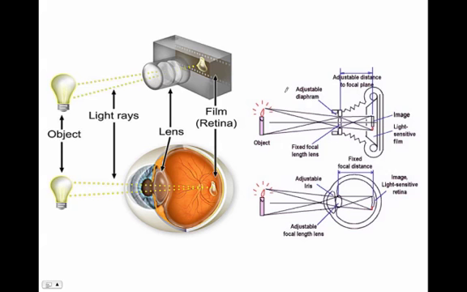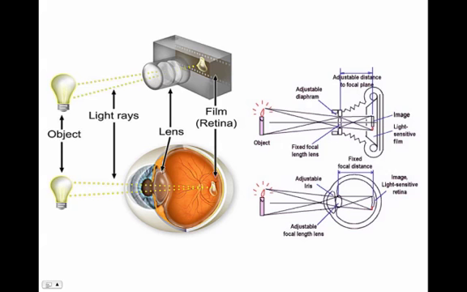As I said earlier, our eye is very similar to how a camera works. Here are the similar parts. A camera at the back has photosensitive film, and the equivalent to the film in a camera would be your retina in the eye. The image is upside down in a camera and your eye.